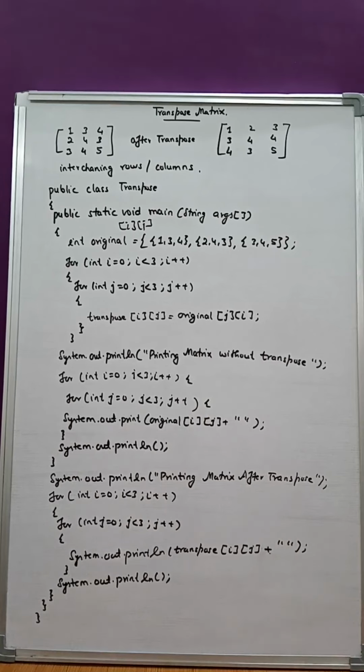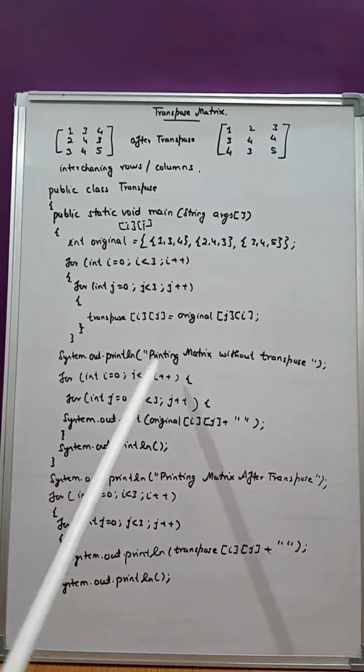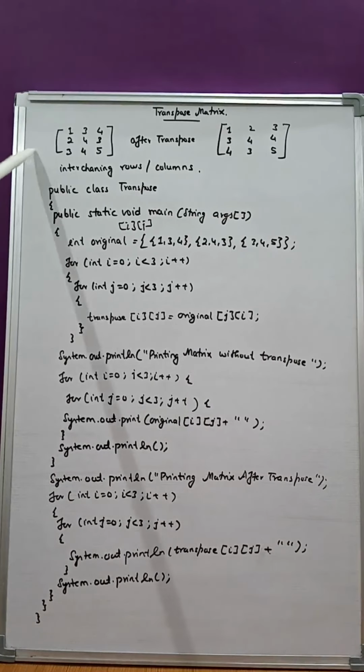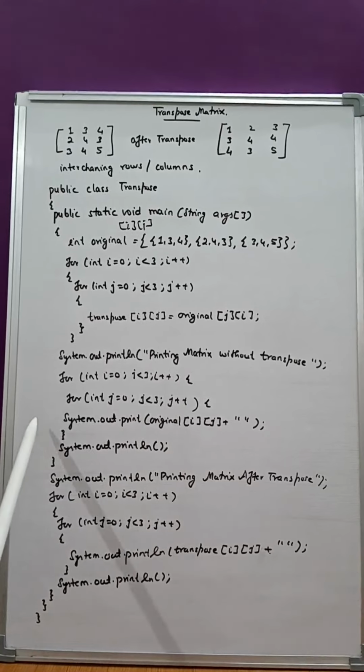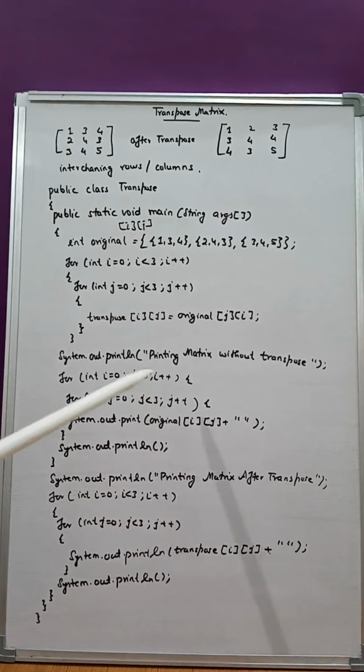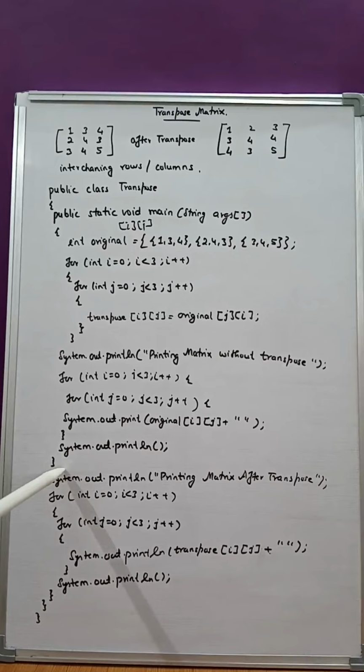In this we have taken two loops, and in the two loops we have printed the values of the original matrix. The same values will first be printed using this particular set of code. Once we have printed these values, we need to print the values that we have calculated in the transpose.